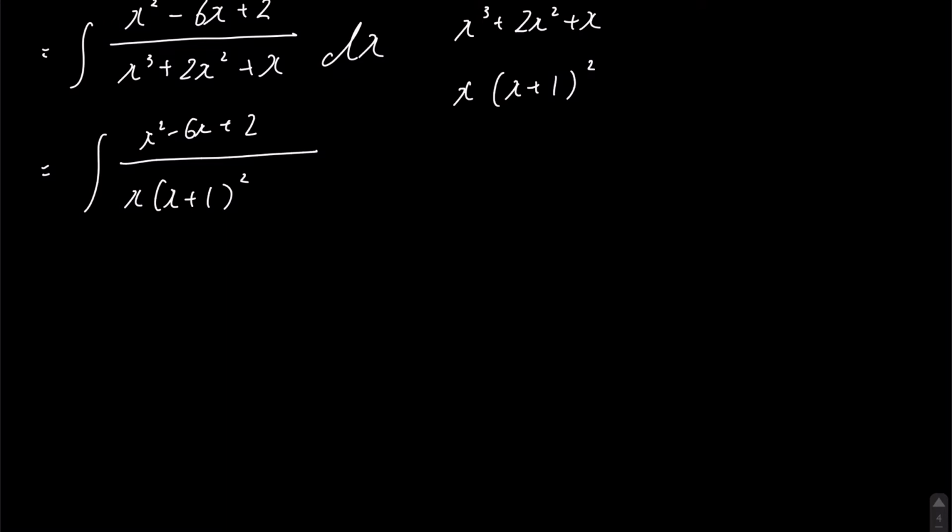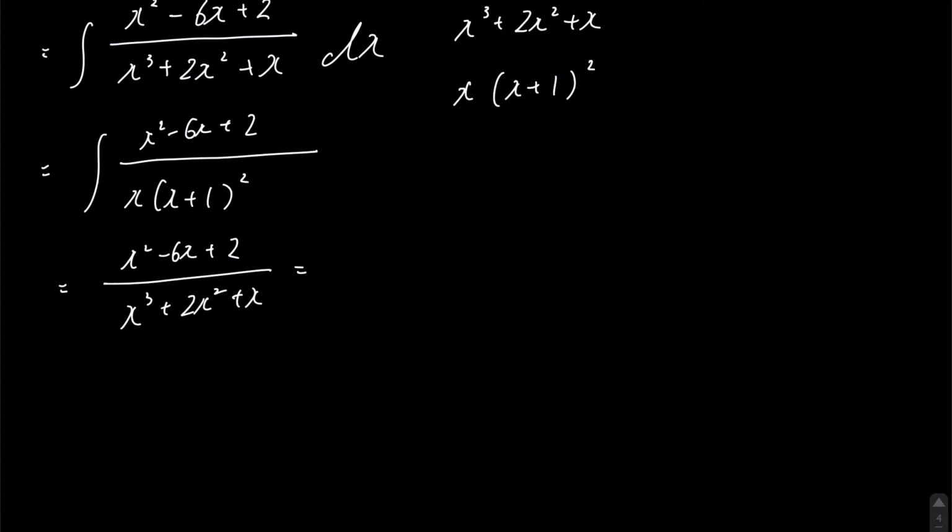So I will rewrite this as (x squared minus 6x plus 2) over (x cubed plus 2x squared plus x) equals, since this is partial fractions, we need to find the unknown constants.